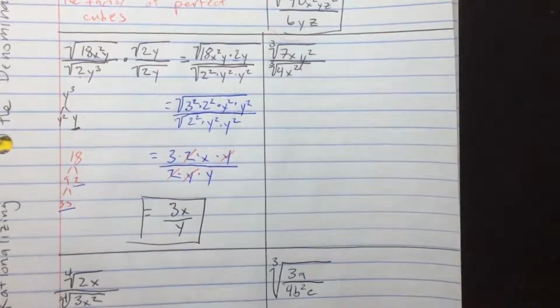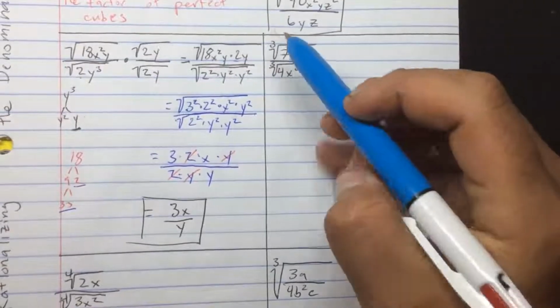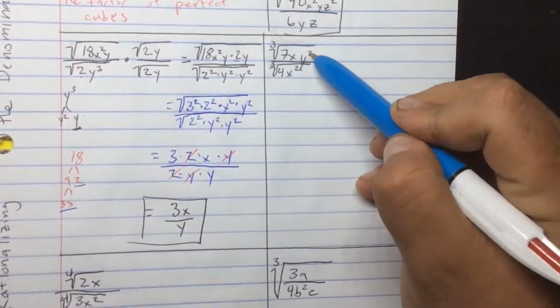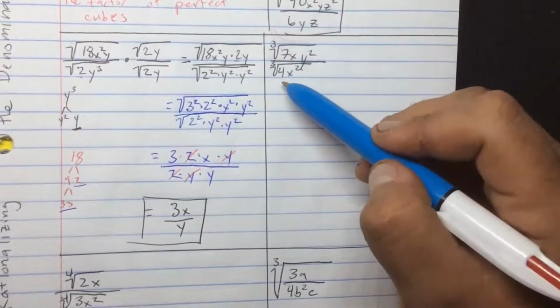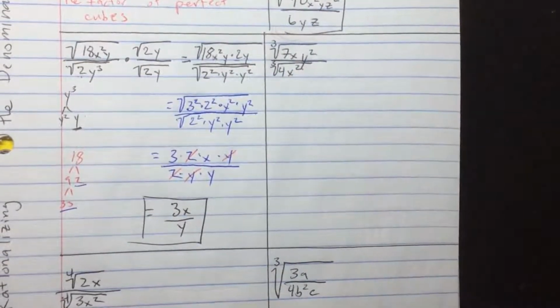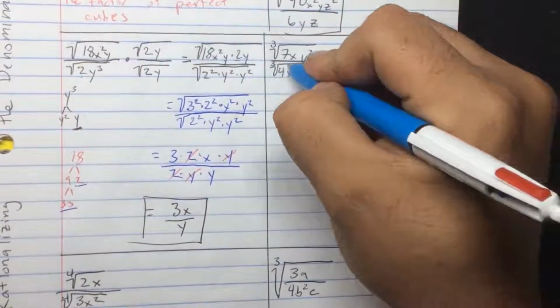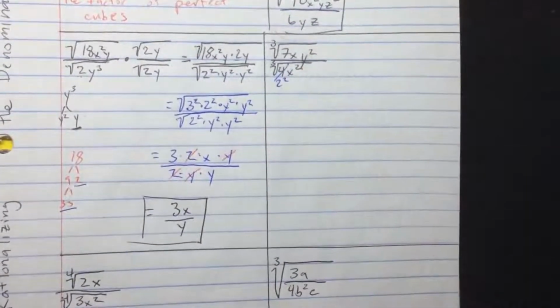All right, the next one we have here is the cube root of 7x y cubed divided by the cube root of 4x squared. Okay, so first things first, we're going to ignore this 4 and pretend it's a 2 squared for this purpose.